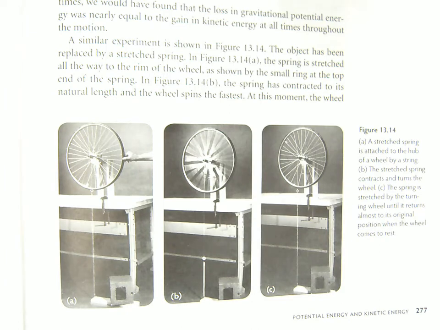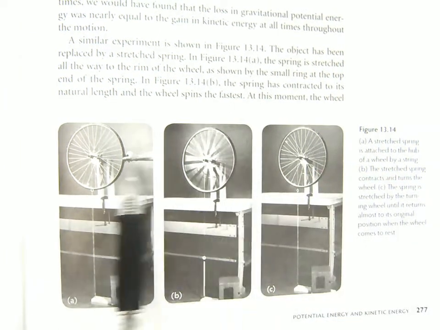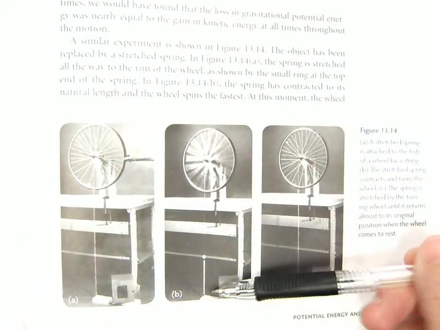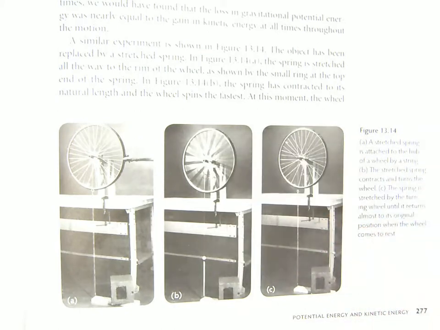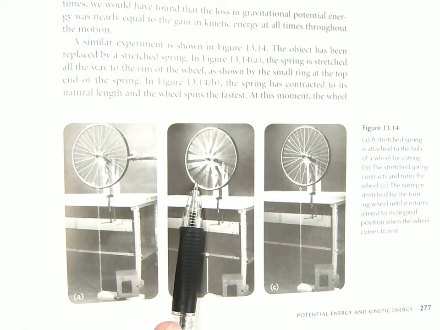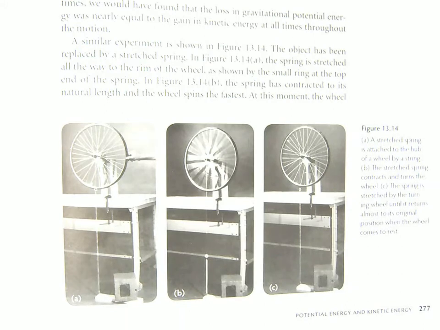You're applying this force, so it's increasing its elastic energy, basically. So then when you let the wheel go, the spring, of course, is going to try to return to its normal state. And what that does is pull on the wheel and make it spin. So they're just, again, showing another example of how one form of energy transfers to another form of energy. So elastic potential energy converted to kinetic energy.